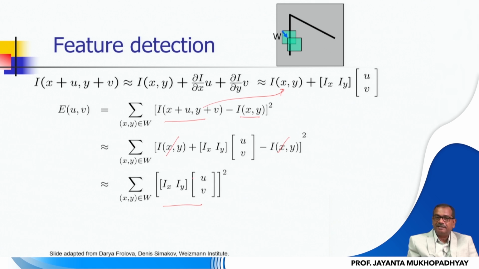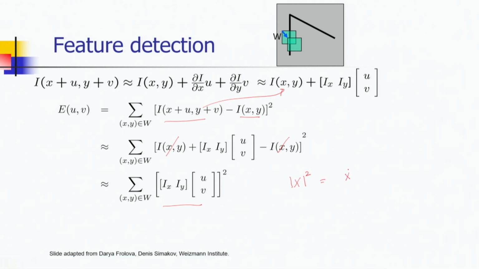Now, this quantity, as you know, if x is a column vector, magnitude of x square, I can also write it as x transpose x. If it is a row vector, then I should write it as x transpose.